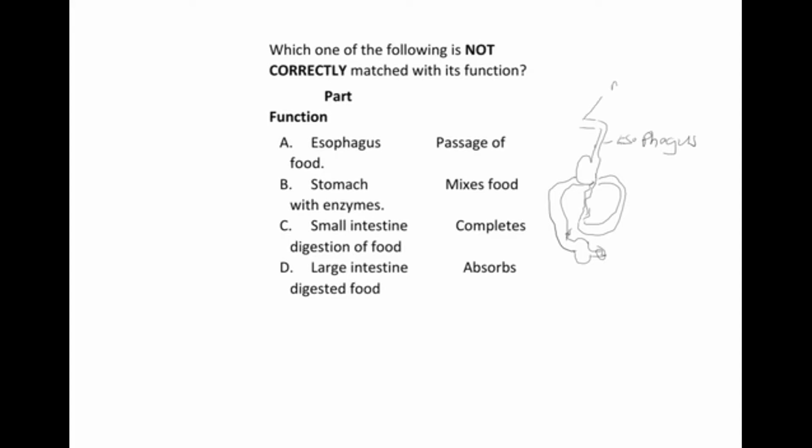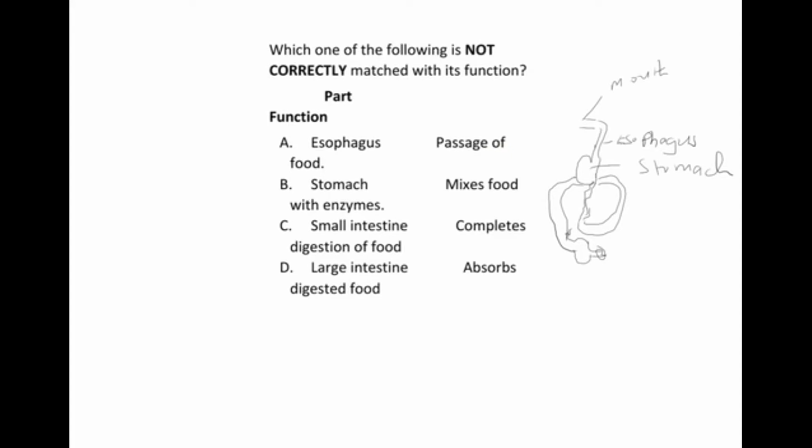This is the mouth, this is the stomach. So the tube that connects the mouth and the stomach allows food to pass from the mouth to the stomach. So that one is correctly matched.